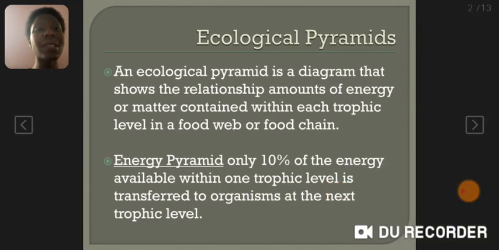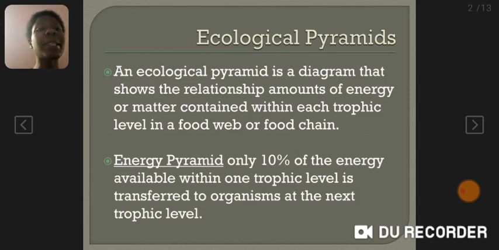First of all, let's understand what an ecological pyramid is. So what do we understand by a pyramid? Now we are very familiar with this word pyramid because it's a solid shape in mathematics. I know you've come across pyramids. However, there's also a term like that in ecology, and this one we have as ecological pyramid.